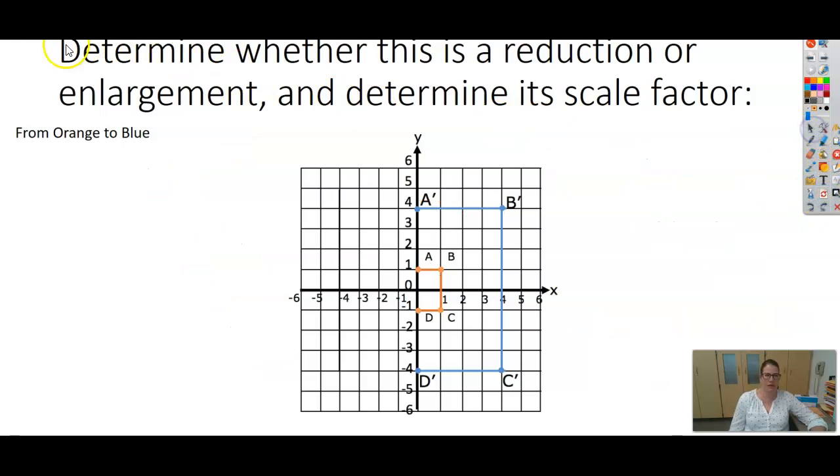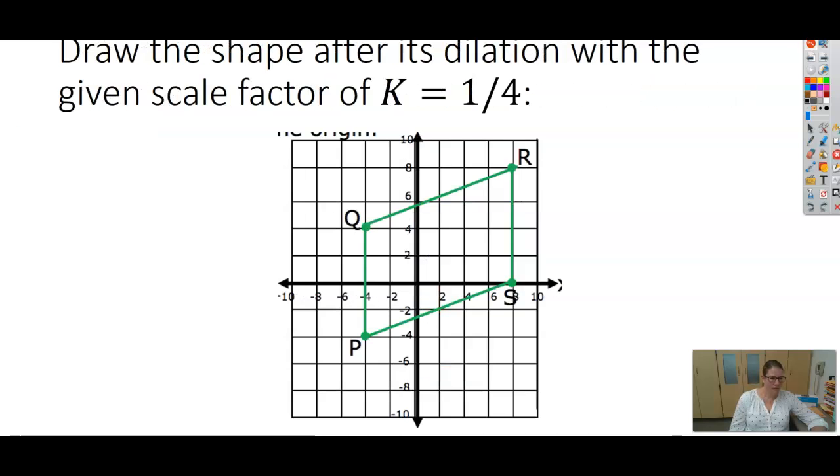Okay, so let's look at another one. Draw the shape after its dilation with a given scale factor of k equals 1/4. If k equals 1/4, that means I need to take each of my coordinates and multiply each of them by 1/4. So let's write down our coordinates here. For Q, my coordinates are -4, 4.